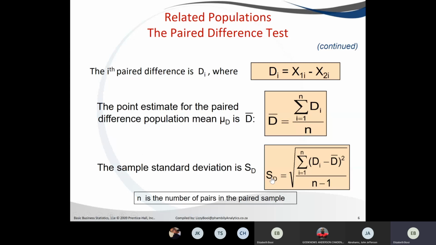Okay, and these are the calculation formulas that you will need to know and do before you can start doing any hypothesis testing. The first step, when we have the X observations, is to take the difference. After getting those differences, we calculate the mean, which is your X D. I think in your module, you use X bar, so we mean one and the same thing. It will be the X bar difference.